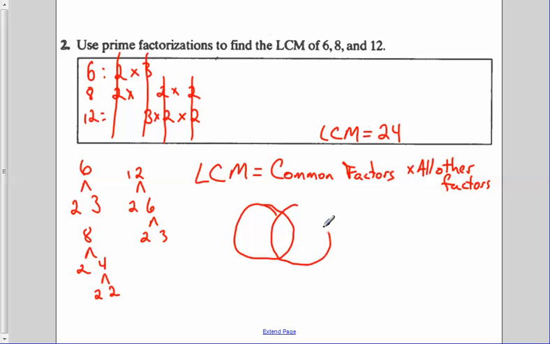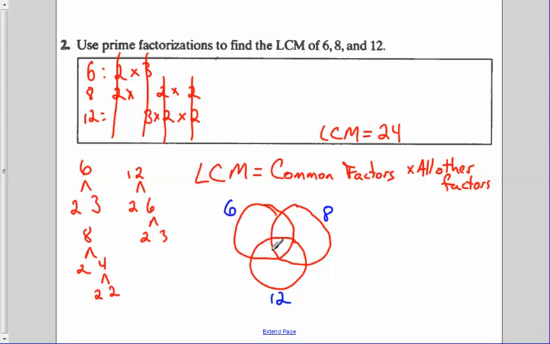So since I have three things, I'm going to draw three circles and use another color to identify 6, 8, and 12. Well, in our circles, we're going to list out what those prime factors are.